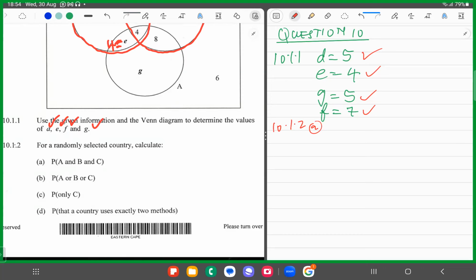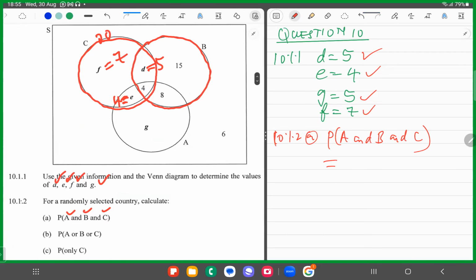Right, so now let's continue and find the probability of A and B and C. We're looking at 10.1.2, A. What is the probability of A and B and C?